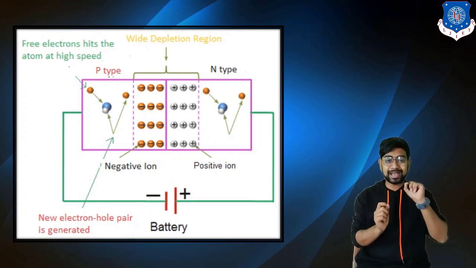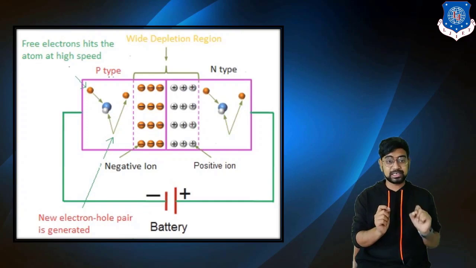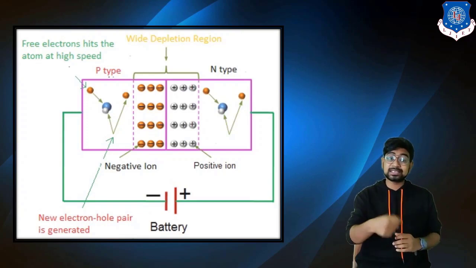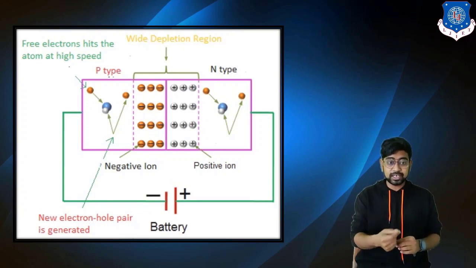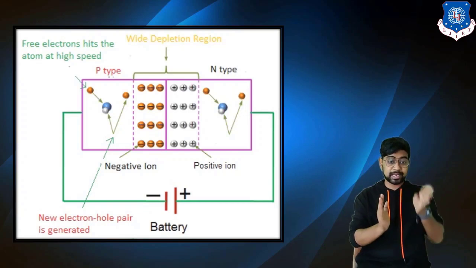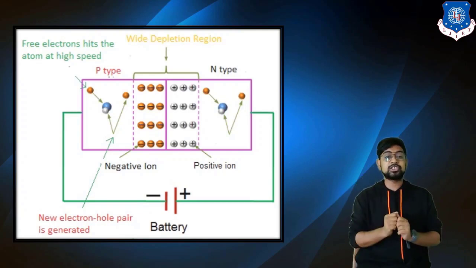This we all know. But now what happens? In the P type, you still have minority electrons present. The negative terminal connected to the P type will energize these minority electrons, while the holes get attracted towards this minus terminal, but the electrons will be energized and move towards the depletion region.